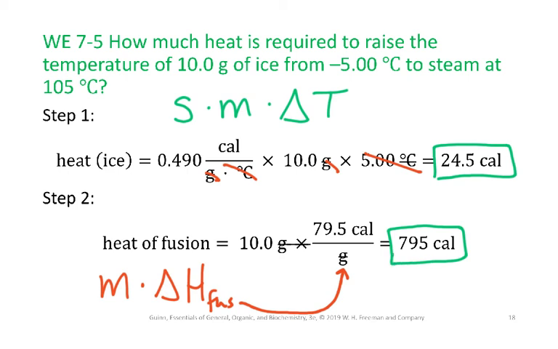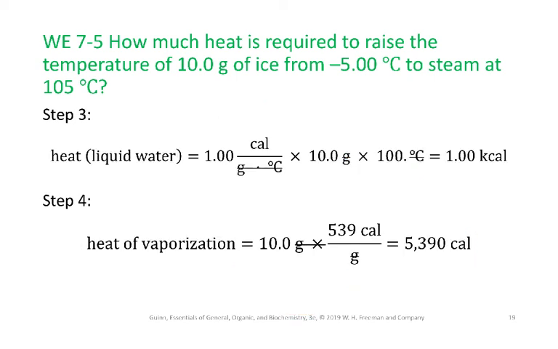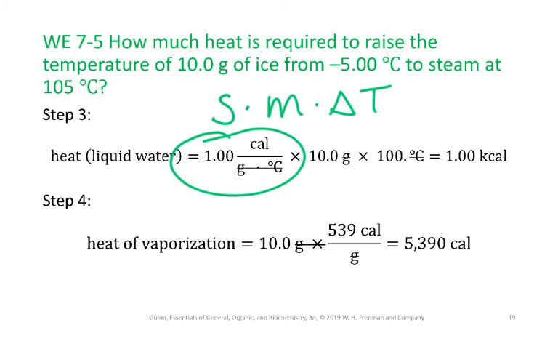All right, now we have water. We need to heat it up, and we're going to go all the way from 0 to 100. So we have a 100-degree temperature change. We have specific heat times the mass times the change in temperature. Now we're talking about liquid water, which has a different specific heat. It's 1.00.